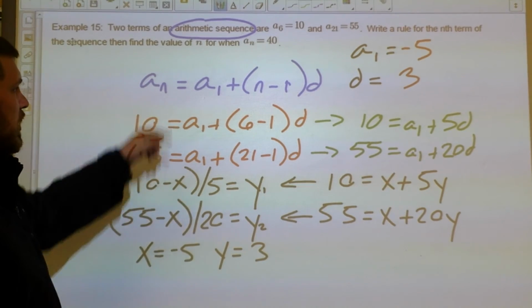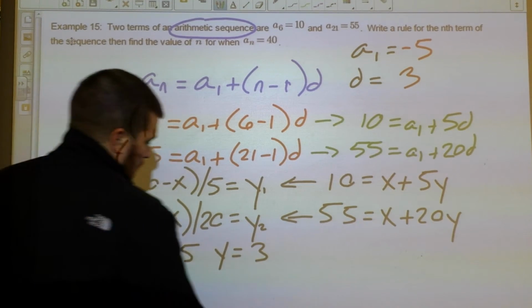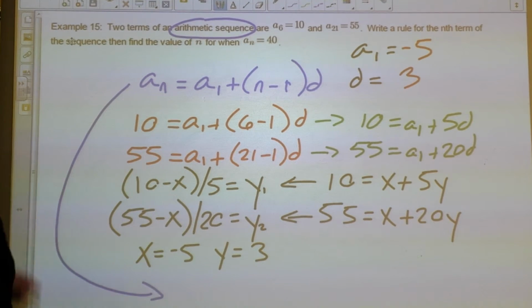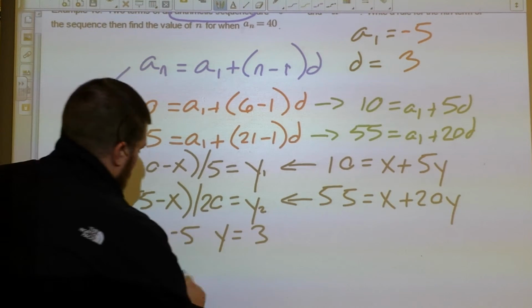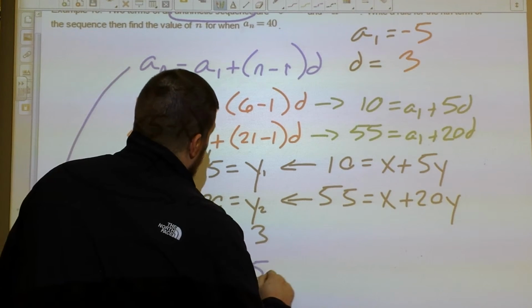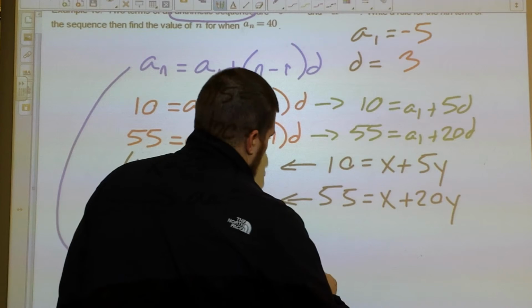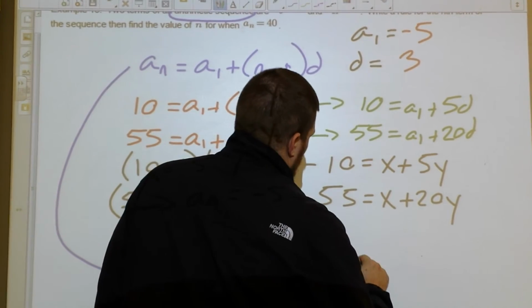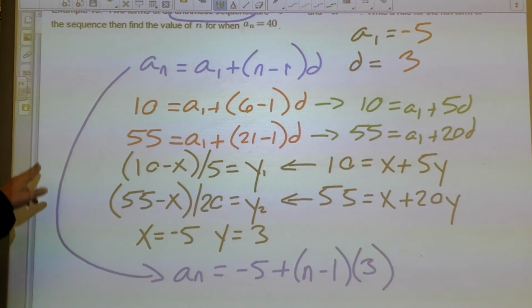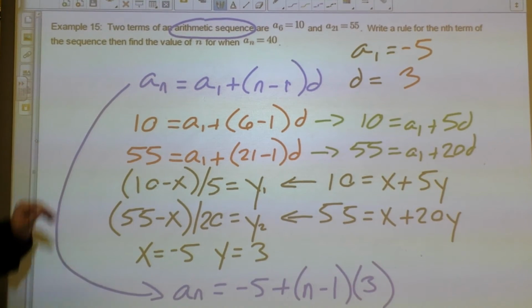Great, so now I can plug into my general rule to find the nth term of the sequence. I have a sub n equals -5 plus n minus 1 times 3. That's the rule for the nth term of the sequence.